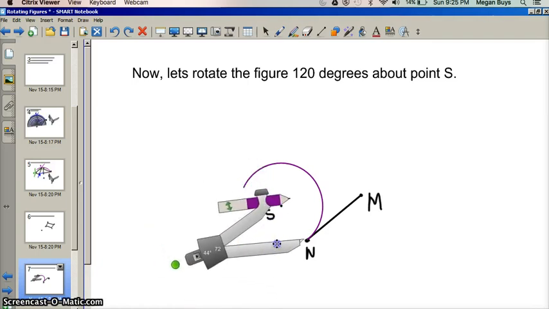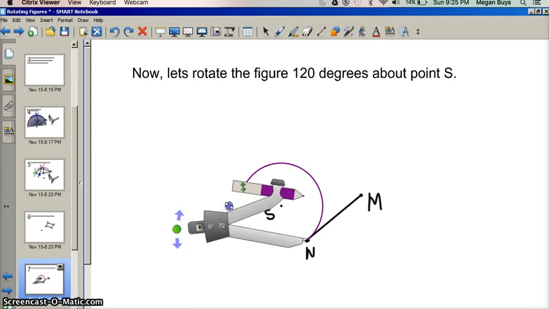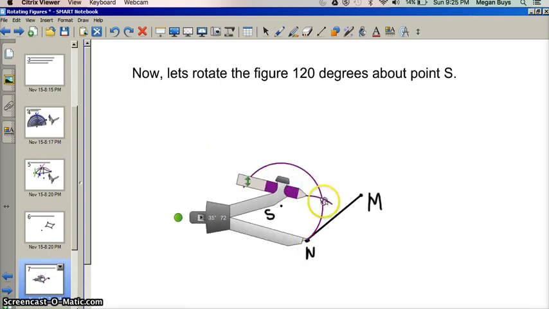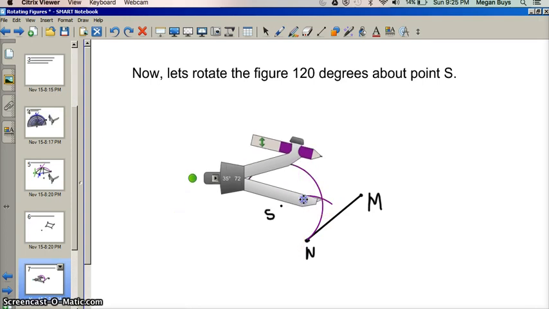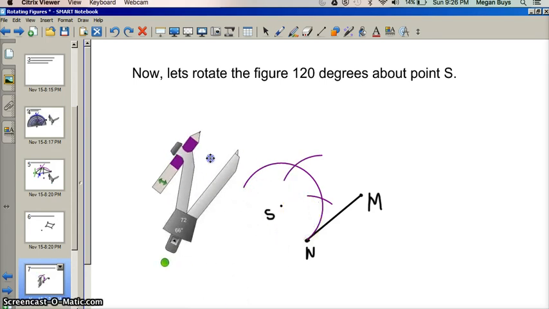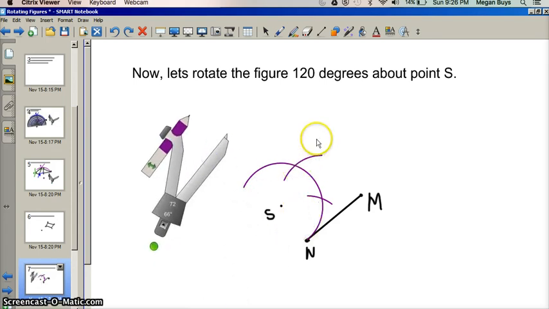But I still don't change anything, and I pick up at N, and I make my first arc. This I know is I would be moving 60 degrees. So if I go right here and mark the arc a second time, that will be my 120 degrees.